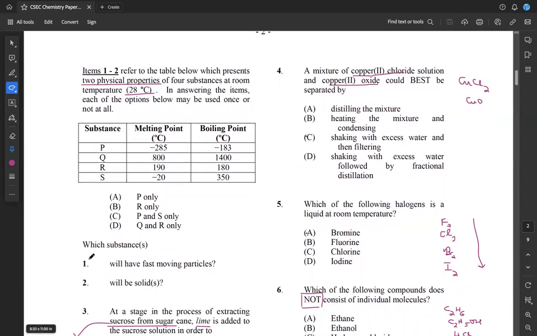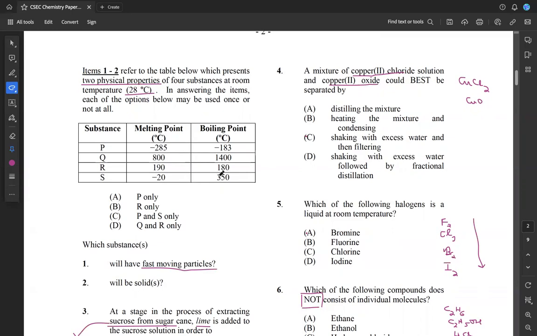The first question asks which substance will have fast moving particles. If a substance has fast moving particles, the bonds between the molecules aren't as strong, so the particles can move very rapidly. That would indicate something in a gaseous or liquid state when compared to other states.